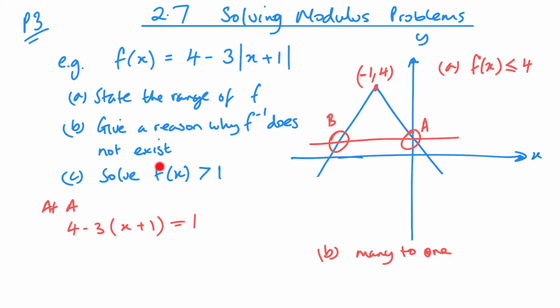The 1 comes from this line, where the two lines meet. All I need to do now is solve this. So 4 minus 3x minus 3 equals 1. Take my 3x to the other side. I've got 4 minus 3 is 1, minus 1 is 0, so x is equal to 0. And that is what we were expecting.